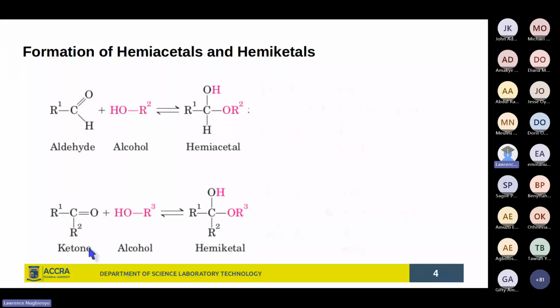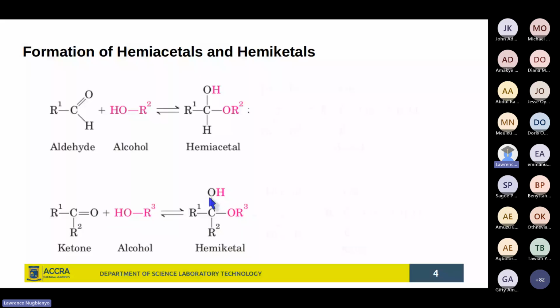Similarly, we have a ketone, and a ketone will be having a C double bond O, and you have two side chains. So the rest of the molecule is on either side, both sides of the carbon. And here too, you have an alcohol, and you see a similar reaction where the hydrogen from the hydroxyl group of alcohol goes to reduce the oxygen of that ketone group to have a hydroxyl group, an OH.